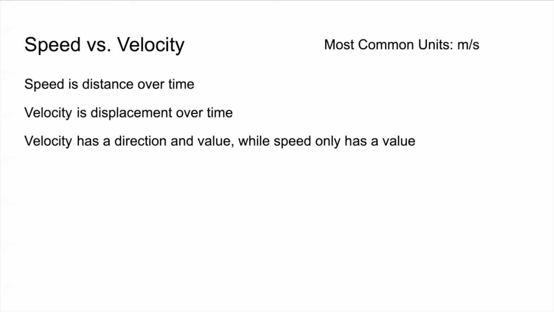So now speed versus velocity. Speed is distance over time, and velocity is displacement over time. And since displacement cares about direction, velocity has a direction and a value, whereas speed only has a value because distance doesn't care about direction.